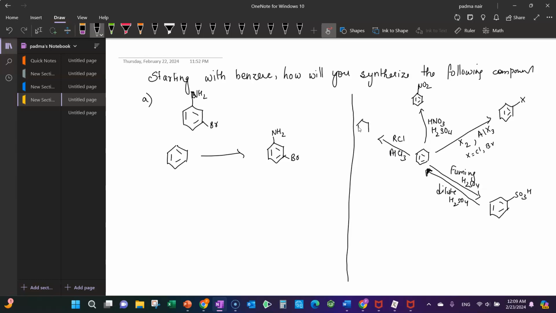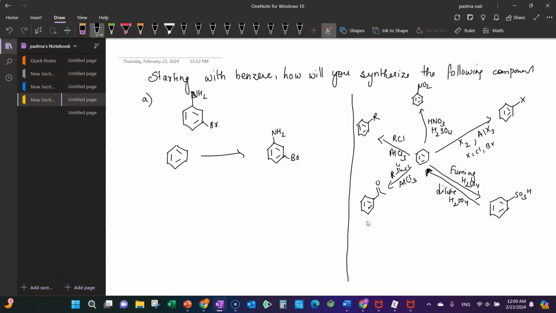Then you can place an R group on the benzene ring. And then Friedel-Crafts acylation was where you take an acyl group, RCOCl, again in presence of aluminum chloride, where you can substitute the hydrogen with the acyl group.